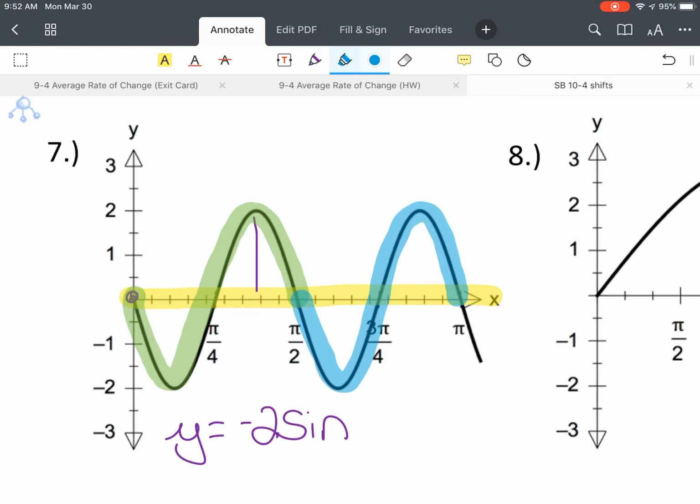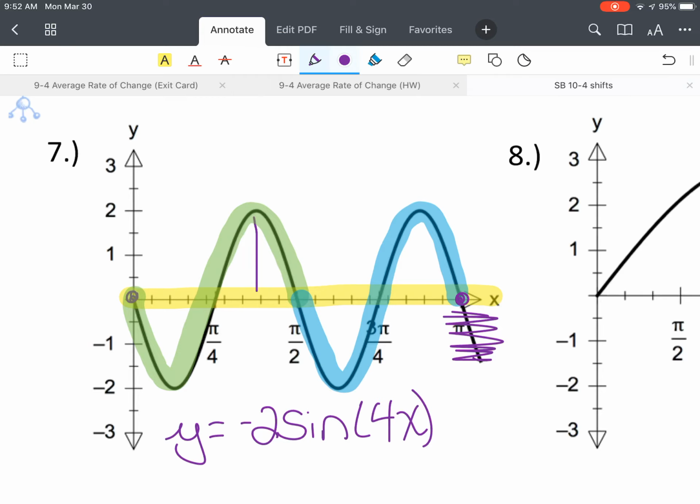So depending on the graph itself or who made the graph or what it looks like, sometimes they show you a little extra. If we stop right at pi, we're stopping right here. So this is just a little extra of the graph. You don't really need to worry about that. Sometimes that can be confusing. Okay, so I see 2 full cycles from 0 to pi, which means how many cycles would I see from 0 to 2 pi? I would see 4.